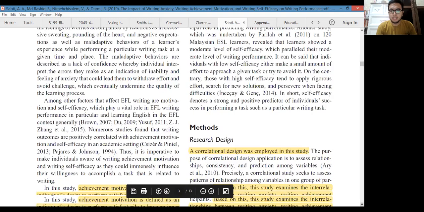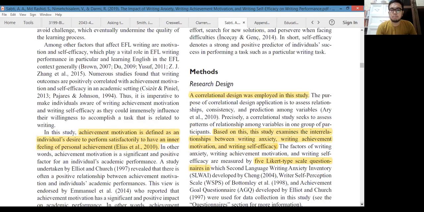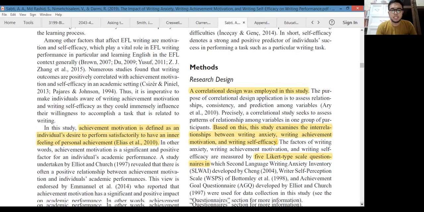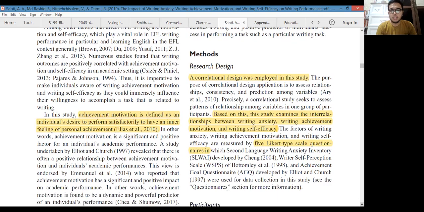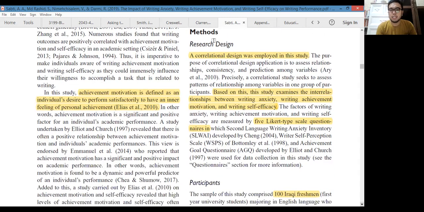the method. After explaining the theoretical frameworks about achievement motivation, efficacy, and anxiety, they go to the methods. Firstly, they describe what research design they use.